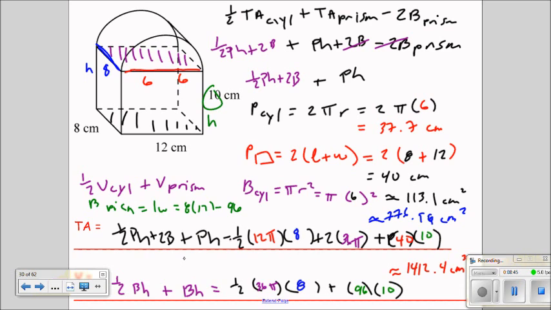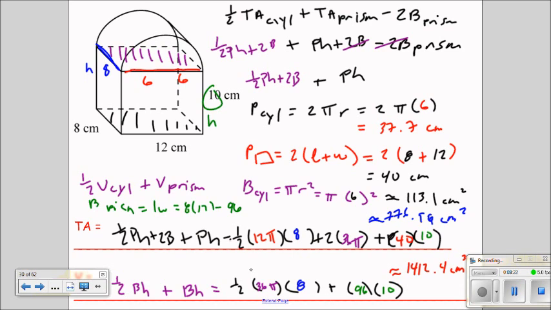To find the volume, since you have half of a cylinder, you're going to find the volume of half of a cylinder plus the volume of the prism. The formula for a cylinder's volume is B times H, so we're going to take 1/2 times BH. And then the formula for a prism is B times H. So that means it would be 1/2 times 36 pi, which represents B again for my cylinder. And then our 3D height for our cylinder was 8.